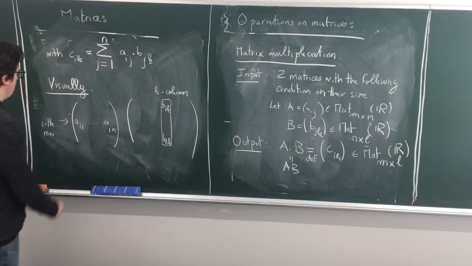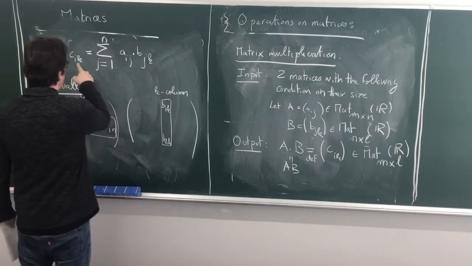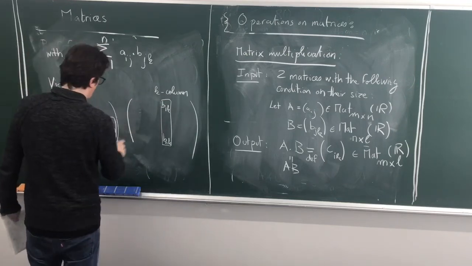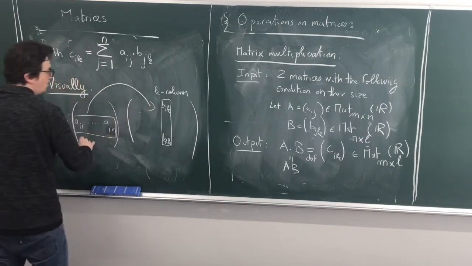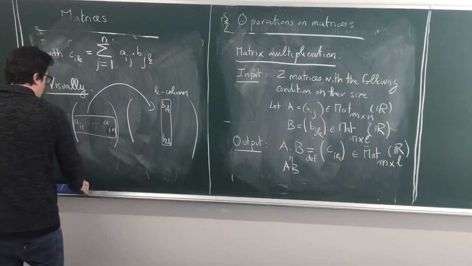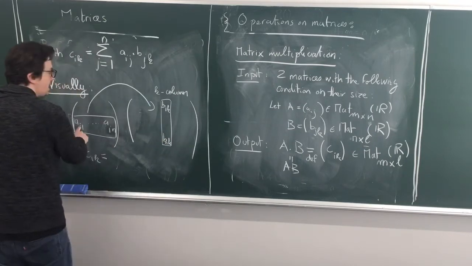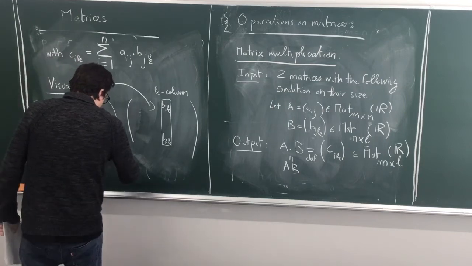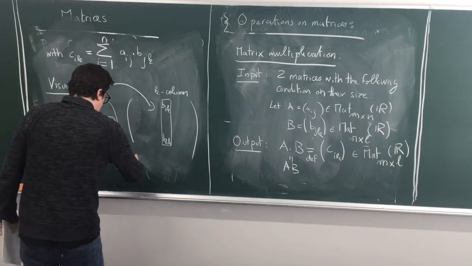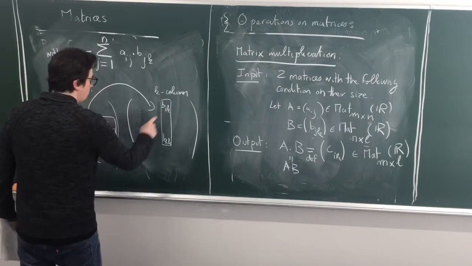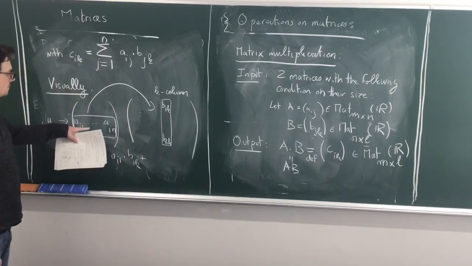Okay, so you will fix I and K, and then how do you calculate CIK? You will multiply this row by this column in the following way. So CIK will be AI1 times B1K plus, what is the second here?